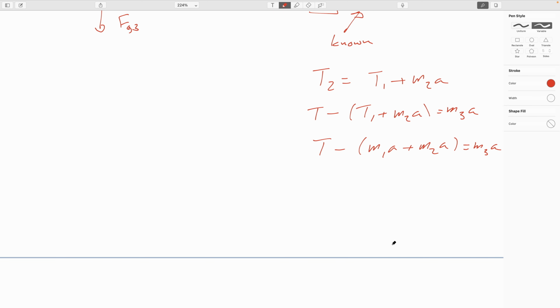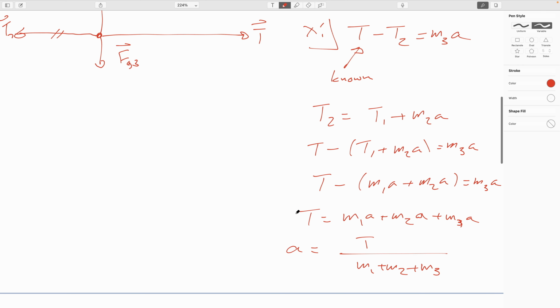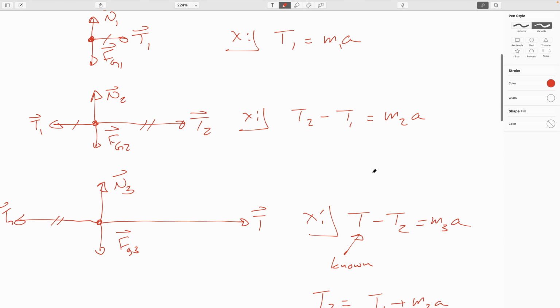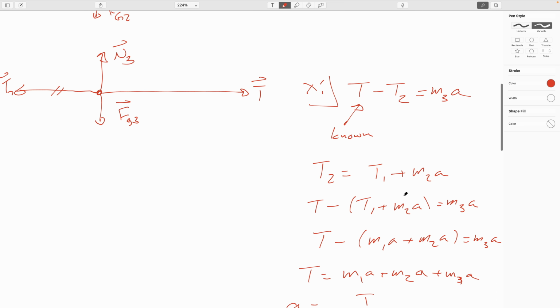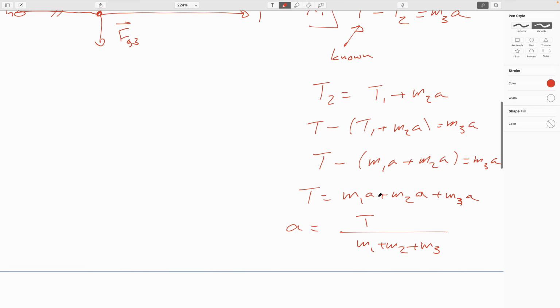Then we can rearrange it to get T is equal to M1A plus M2A plus M3A. And then finally, we get that A is equal to our applied force, which we know, over M1 plus M2 plus M3. Then once I have that, I can go back and plug in to get T1, and then I can plug back in to get T2, and I solve the problem.